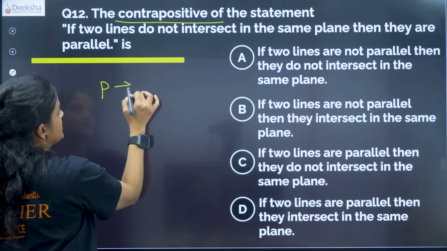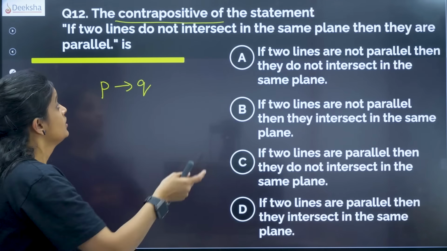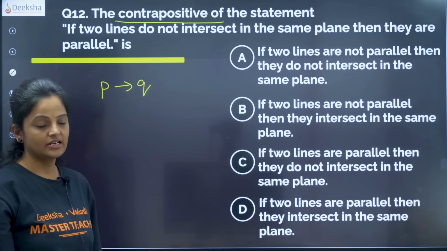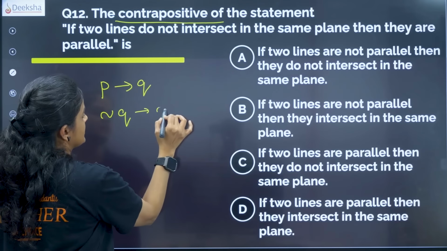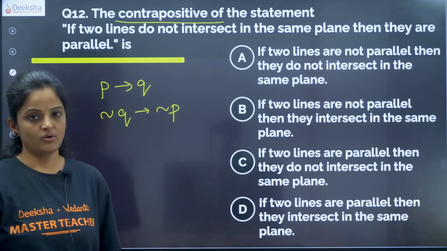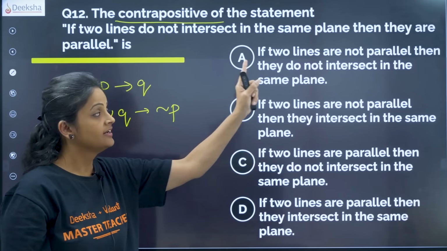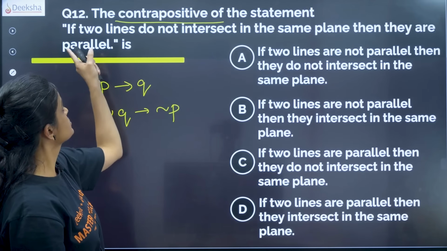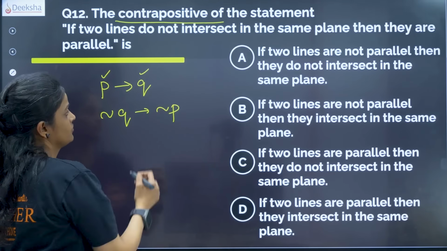This is the implication they have given, right? P implies Q. Contrapositive of that statement will be negation Q implies negation P. Negation Q means reverse of the second statement, negation P means reverse of the first statement. P and Q are the two statements we have.